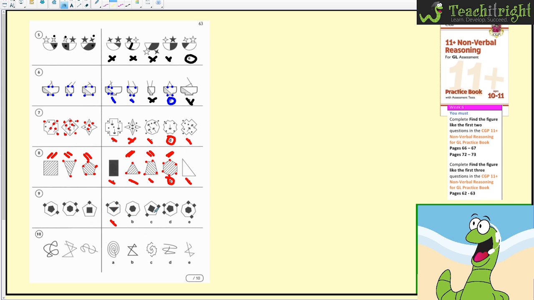C does have that because it's 4 and 5. B is 6 and 7, so yeah, that has that. D has got 6 and 5, and E has got 7 and 6. So those all seem okay.